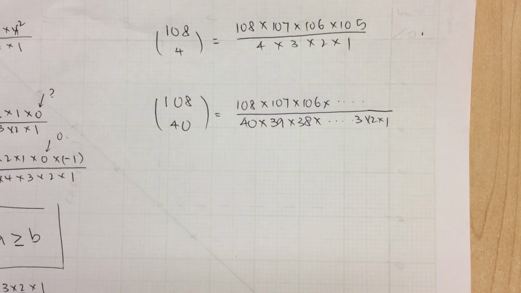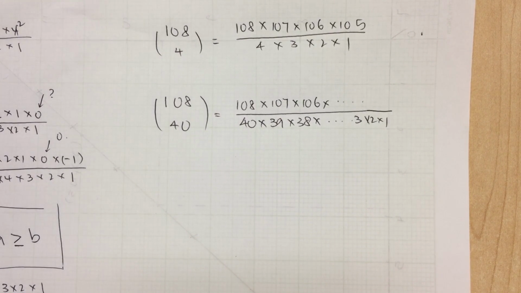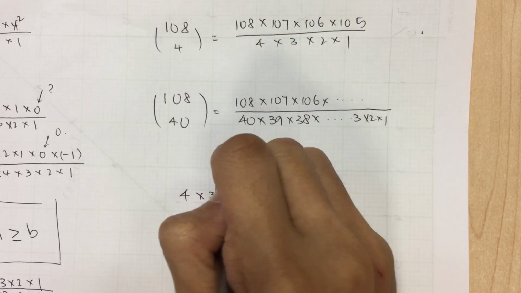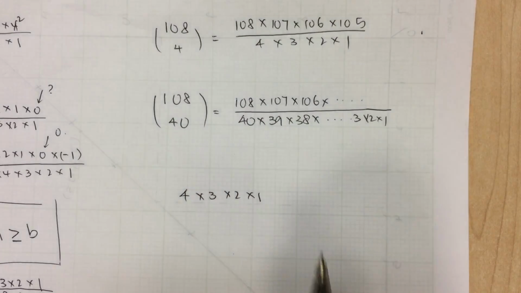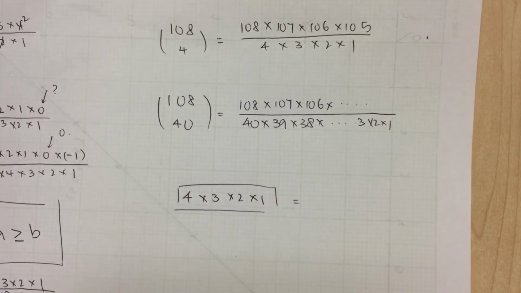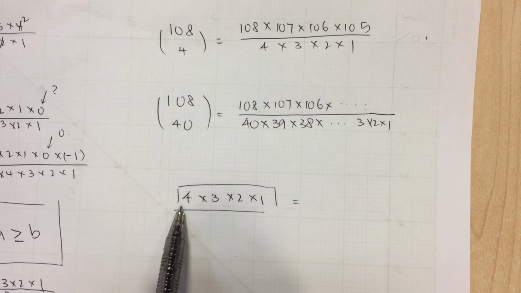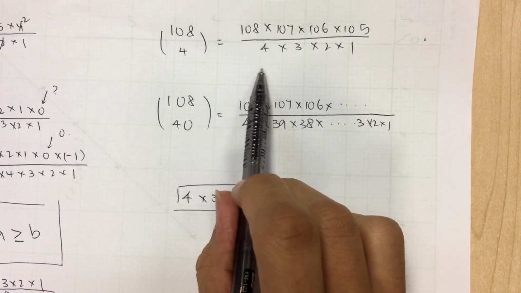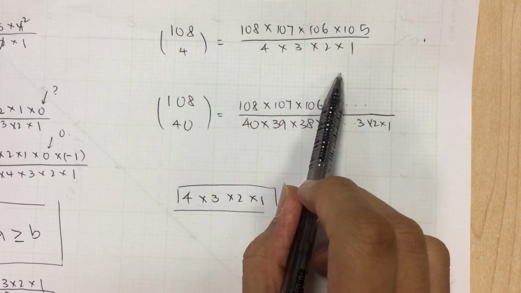So now I'm going to introduce to you a new notation. Let's say I want to write down 4 times 3 times 2 times 1. This is going to be simplified into one of these notations. Which one is the most important number here? 4 is the most important number, and then I move this way by subtracting 1.